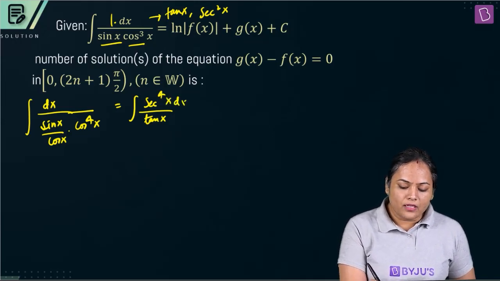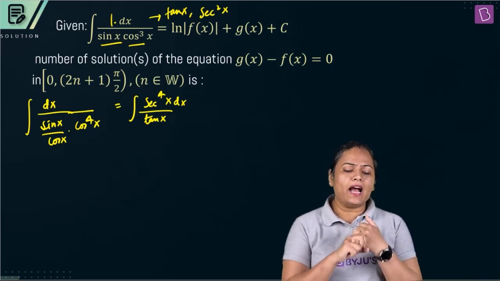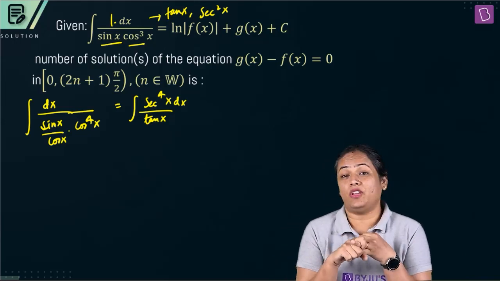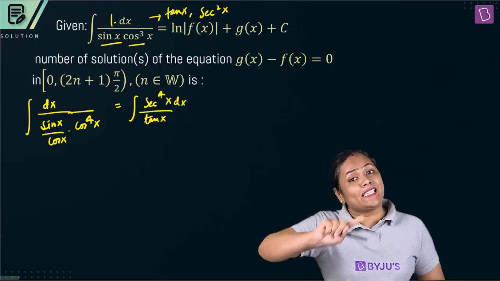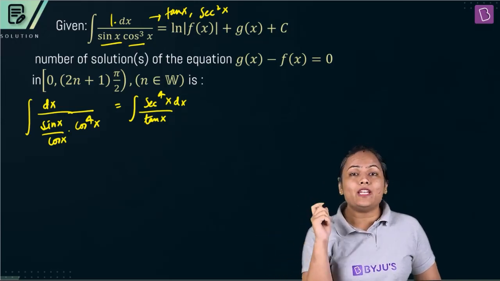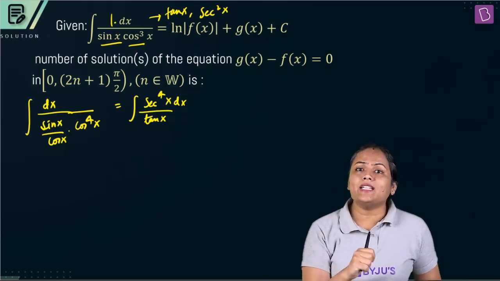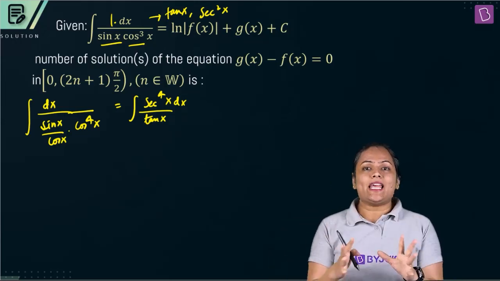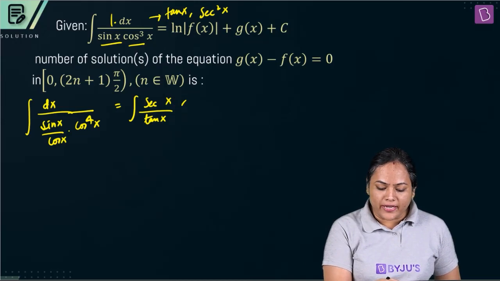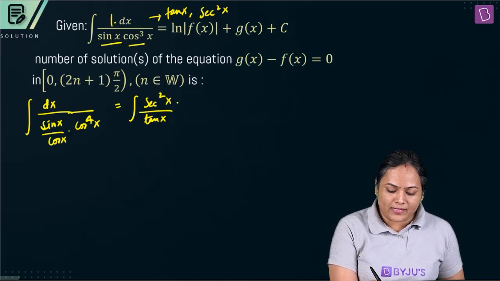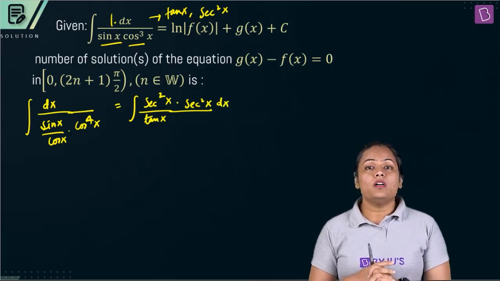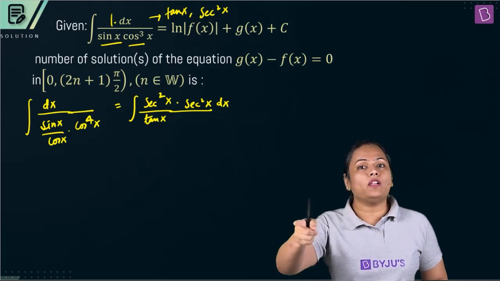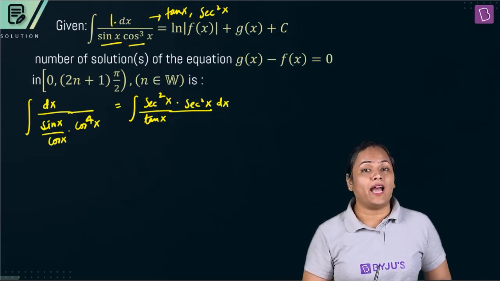Now what? Well, I have tan x with me. I have sec x raised to 4. If I assume tan x as something, I need sec square x because that will be the derivative of it. So for that, let's do one thing. Sec x raised to 4, I'm actually writing it as sec square x multiplied by sec square x dx. Now, one sec square x will go with the derivative of tan x.